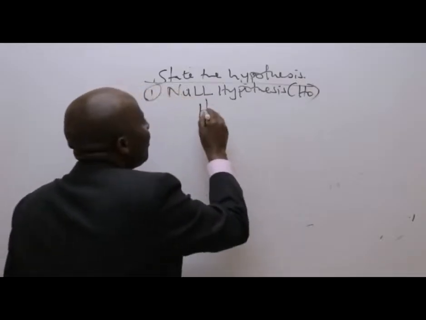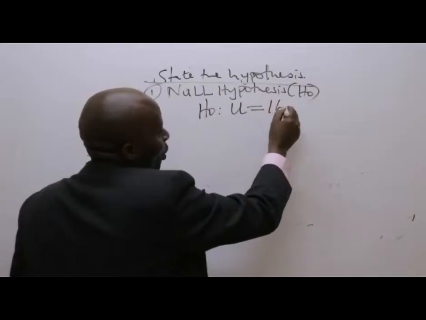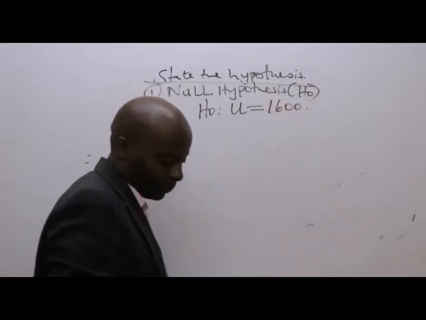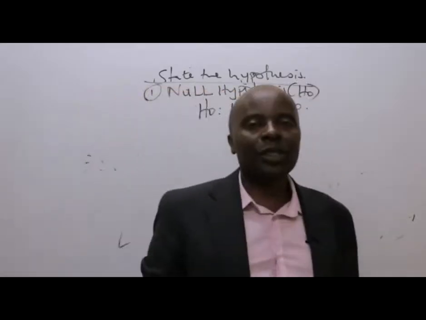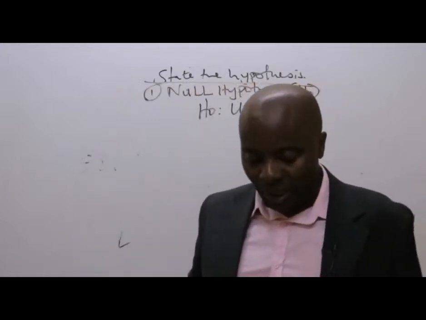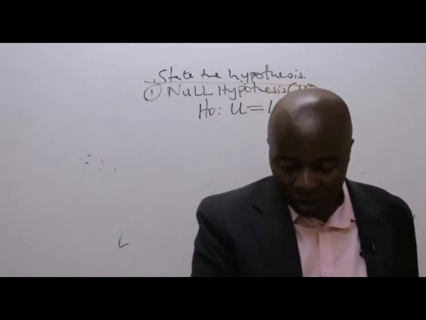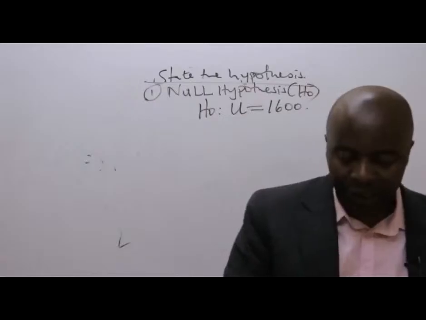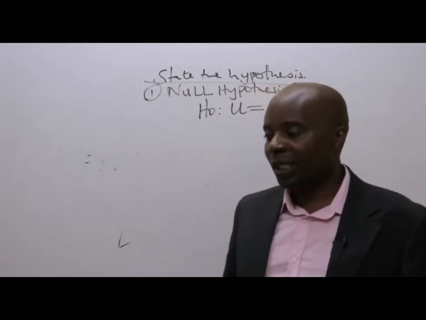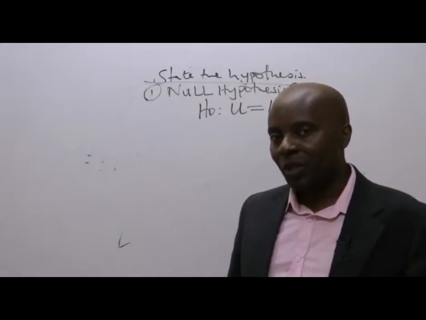My null hypothesis says that my U will be equal to 1600, because they want us to test the claim that the mean lifetime of the tubes produced by the company is 1600.